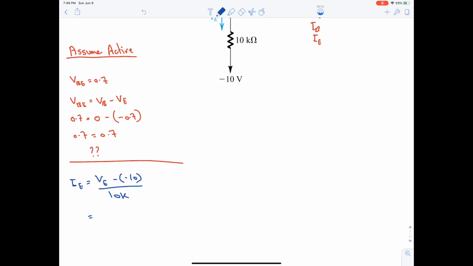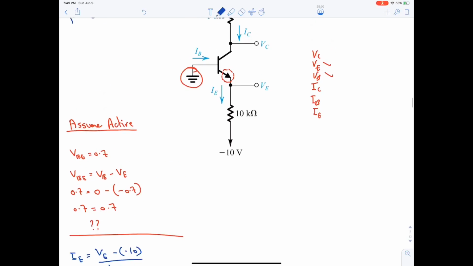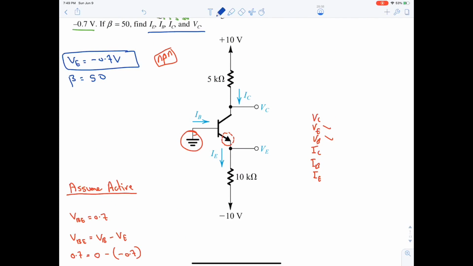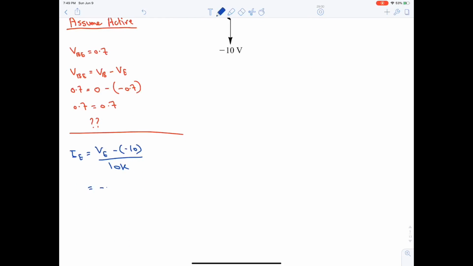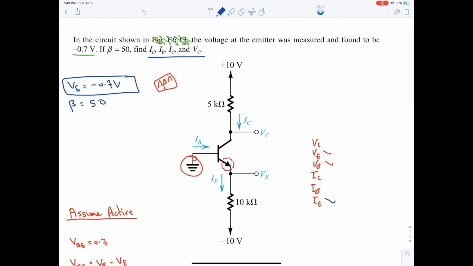VE is equal to minus 0.7, plus 10 divided by 10K. And this will give us 0.93 milliampere.